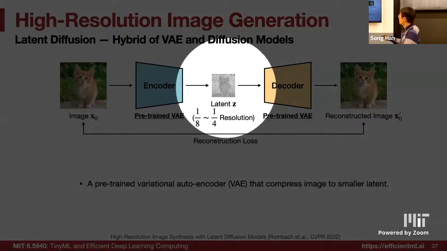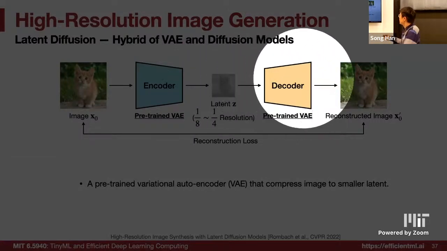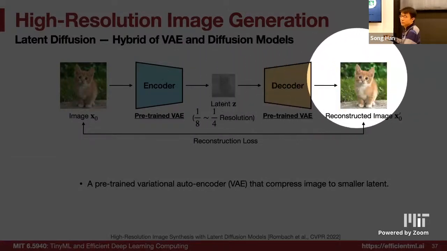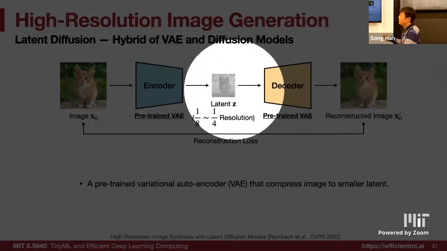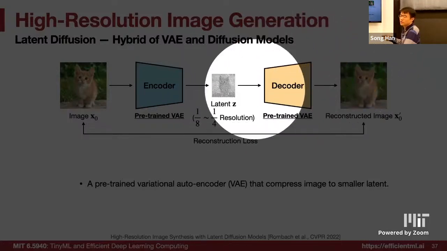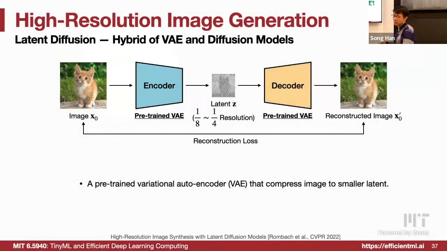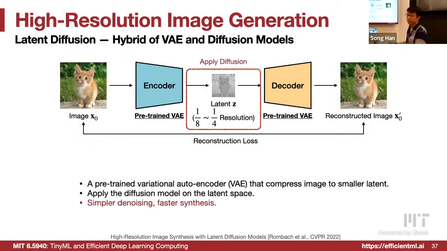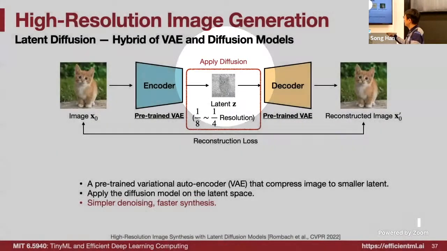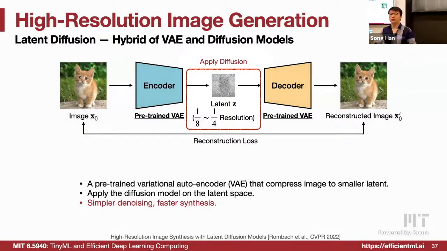And after you denoise, we pass it through a decoder to reconstruct the original image. So the diffusion only needs to run in this smaller resolution latent space, rather than on the high resolution original image space. So that's a way to compress the image and only run diffusion in the compressed space. And that is called latent diffusion. Okay, only apply diffusion on the small resolution part to enable simpler denoising and also faster synthesis.